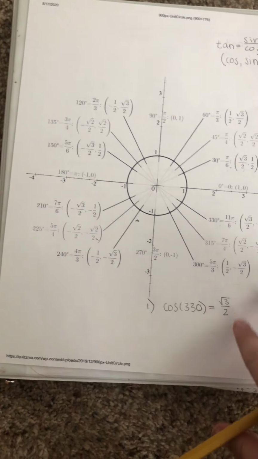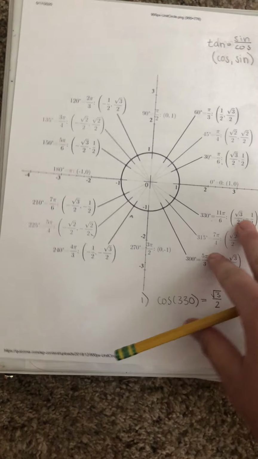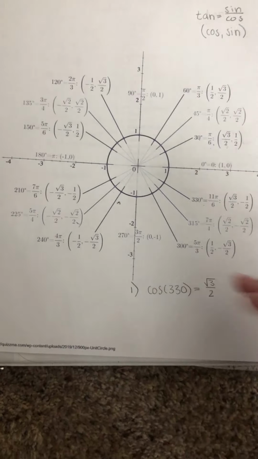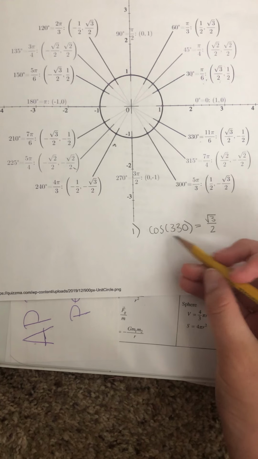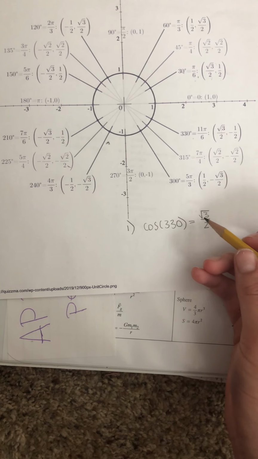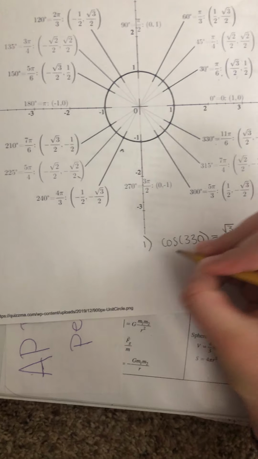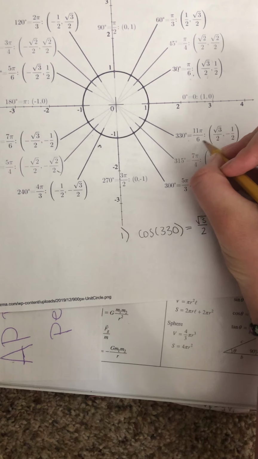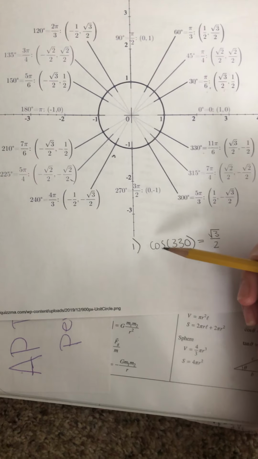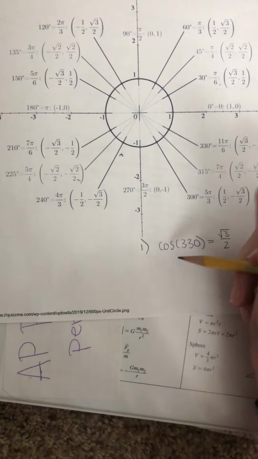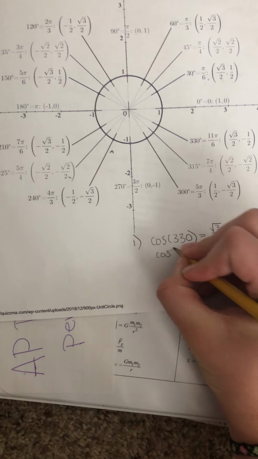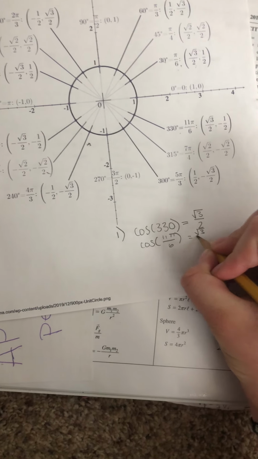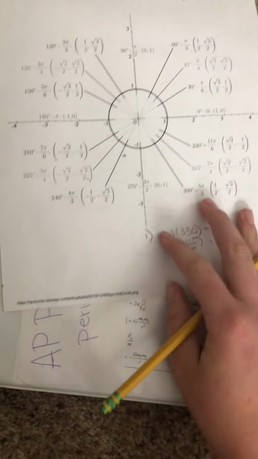Just for the sake of time, I didn't fill out all of the points of cosine and sine with you. Since cosine of 330 is radical 3 over 2, it would be the same since 330 is equal to 11 pi over 6 radians. You could say the same thing, I'm just using degrees. You could say cosine of 11 pi over 6 is equal to radical 3 over 2 as well.